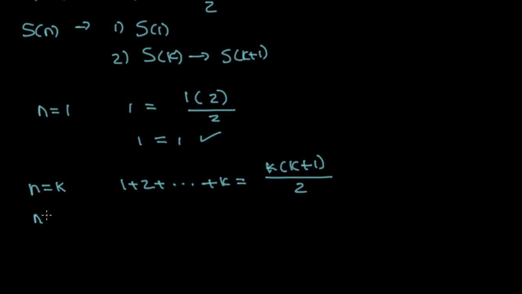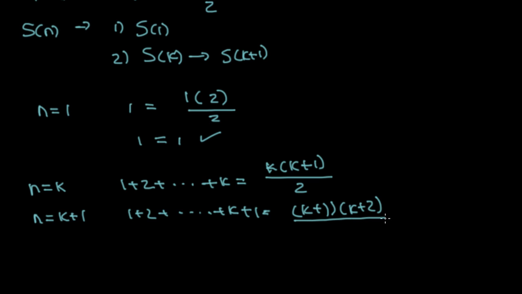And we try to prove that when n equals k plus 1, 1 plus 2 plus up to k plus 1 equals k plus 1 times k plus 2 over 2 is true. So we use these two to do the induction.